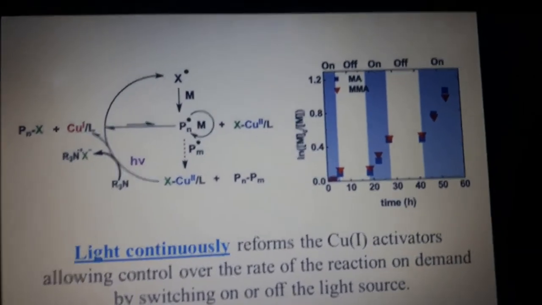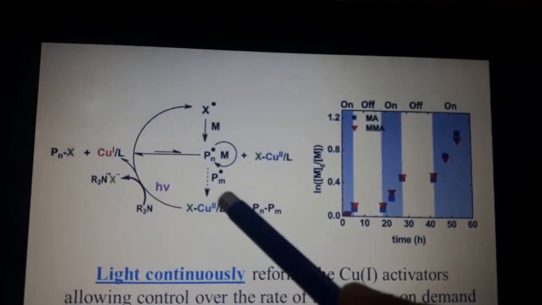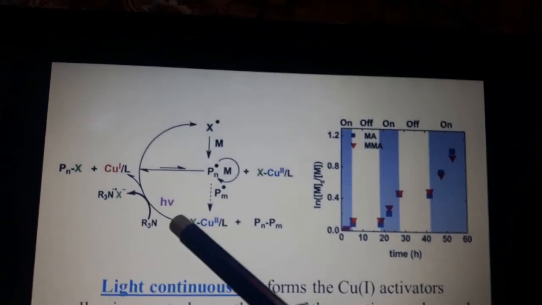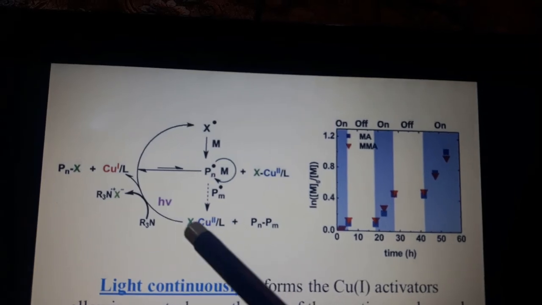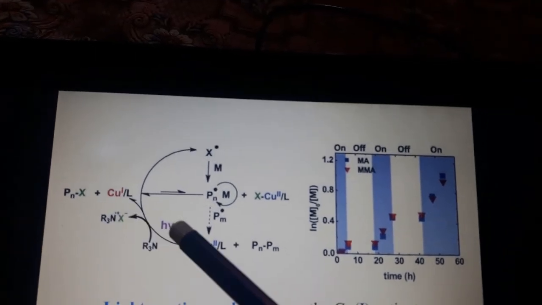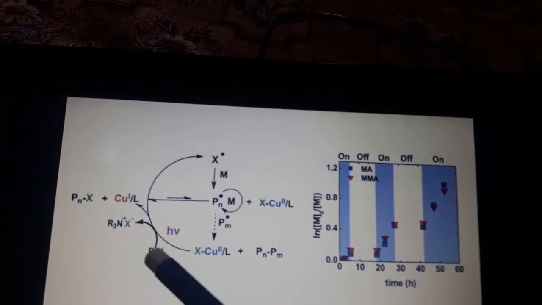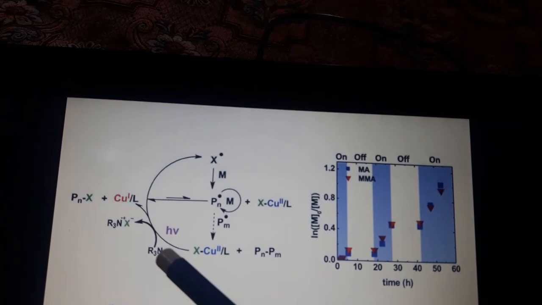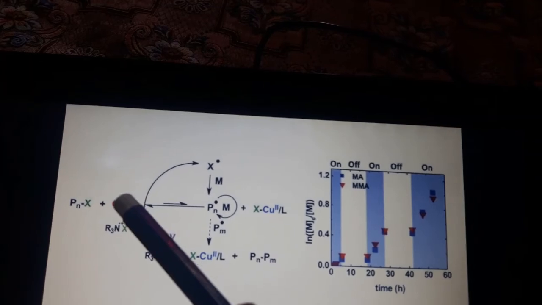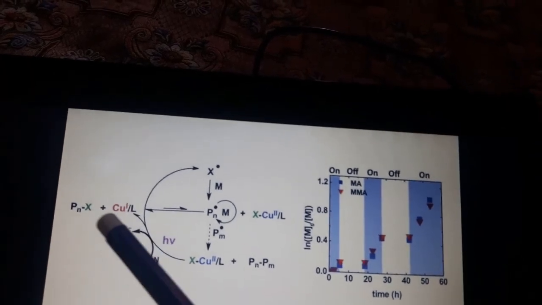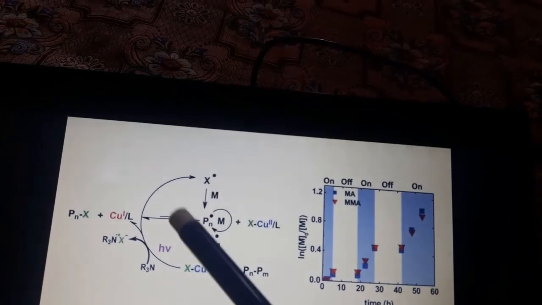This is the mechanism in which we have this deactivator, and when we irradiate this deactivator, it is reduced in the presence of this ligand, that is trialkyl amine. So we have this activator generated. This activator then initiates the polymerization by producing free radical, and we have this propagation.